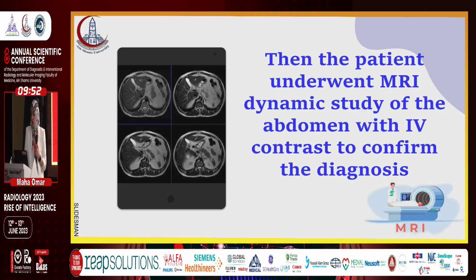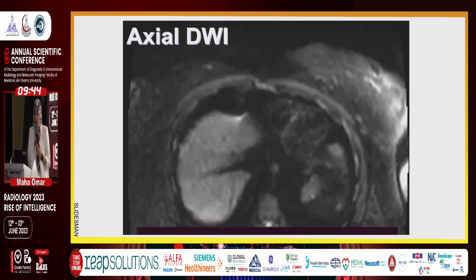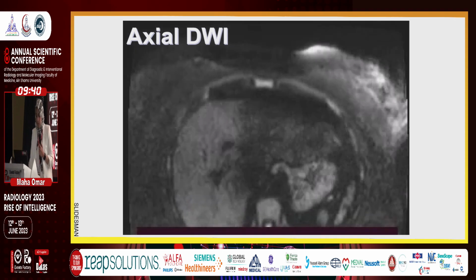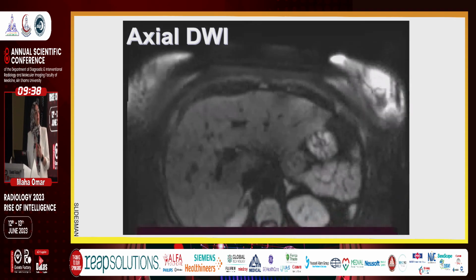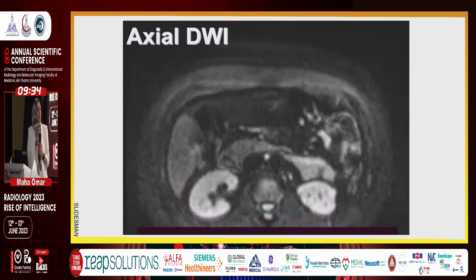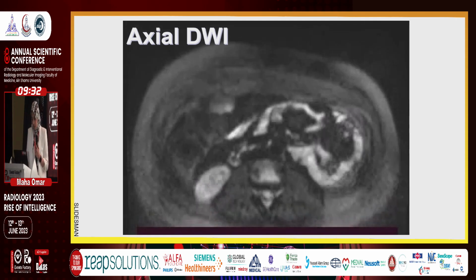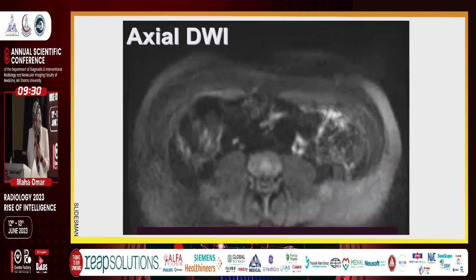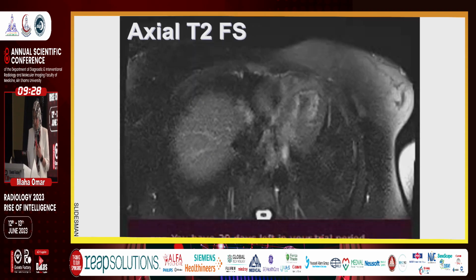So the patient underwent MRI dynamic study of the abdomen with IV contrast to confirm the diagnosis that was shown on CT images. This is the axial diffusion images. Okay.